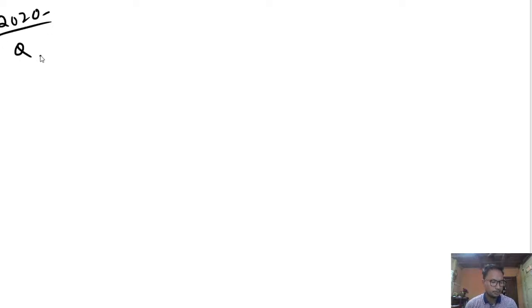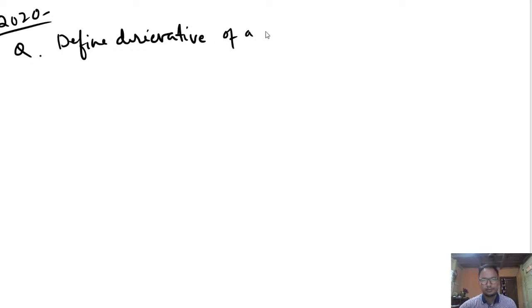Define the derivative of a function f(x) at a point x equal to 0.